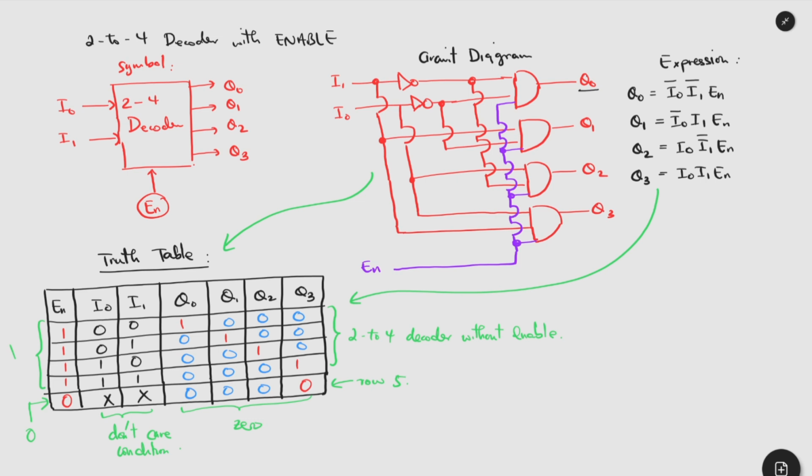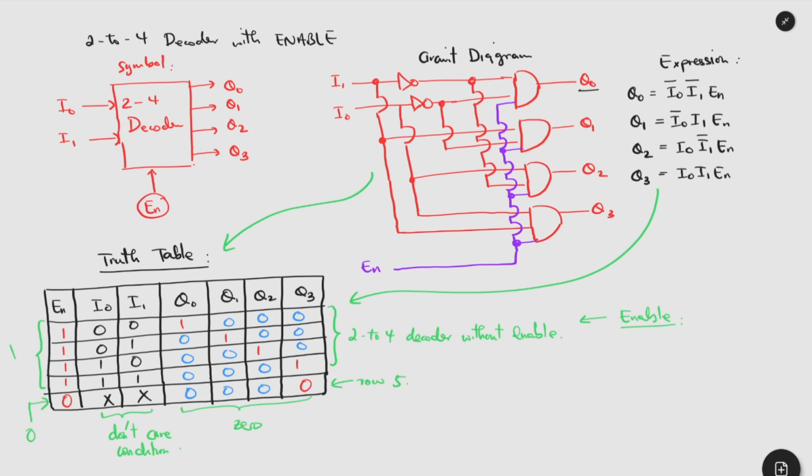In terms of the application, it is crucial that you choose a 2 to 4 decoder with the enable, because by controlling the enable, you are effectively controlling the output of the 2 to 4 decoder. Therefore, you need a total of 3 input pins or 3 binary bits to control this 2 to 4 decoder.